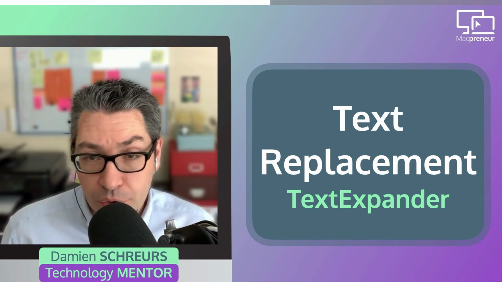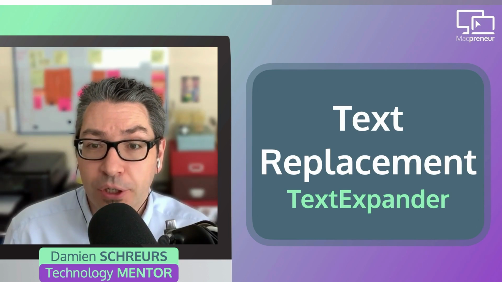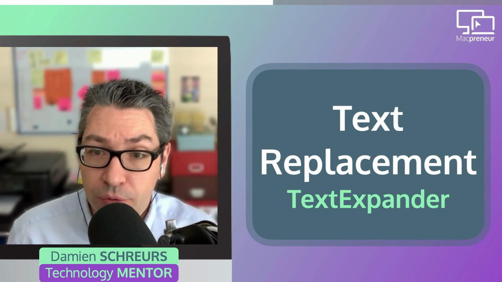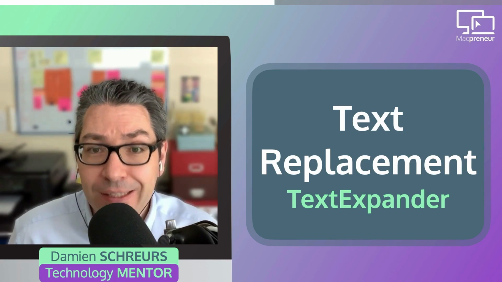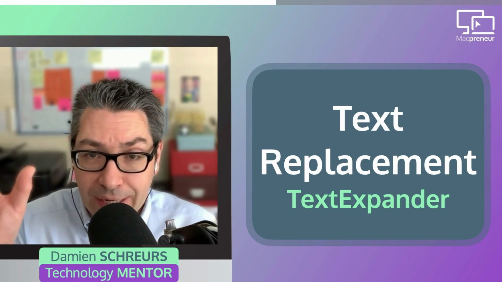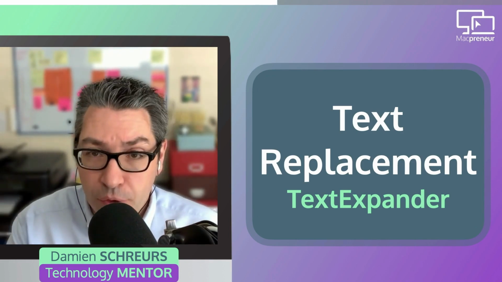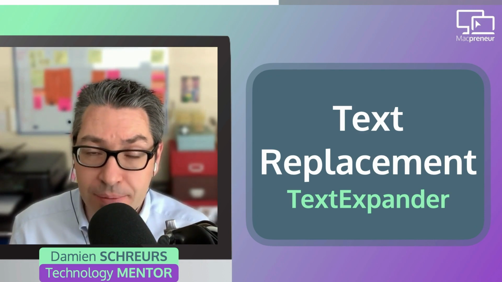But you can also use the tabulation key. You can use the return key. You can use something called a fill-in field, which would be like a text box ready for you to customize, to put some text manually.